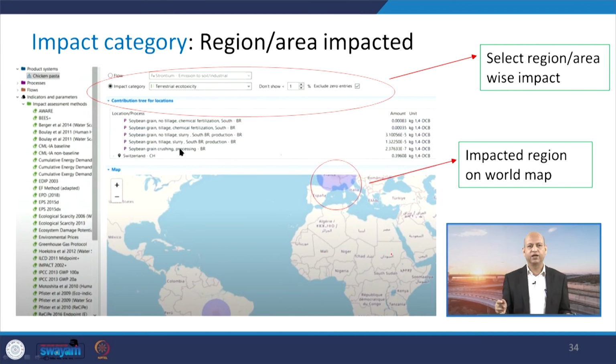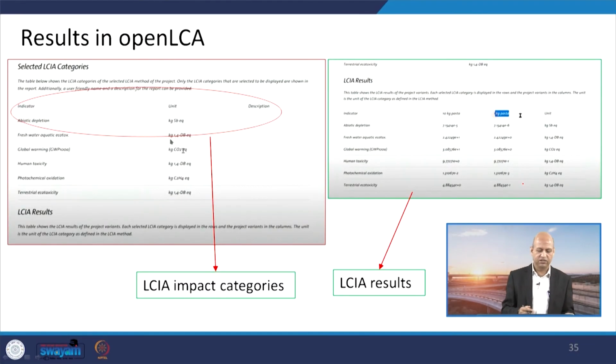Then impact category, like region wise or area wise, is also available in this map. The region and their range, etc., can be seen in this impacted region on the world map. You can zoom in, zoom out, and accordingly you can see its impact. Well, these are the values in terms of categories, in terms of certain attributes like pollutant levels or their impact, like acidity, or acid rain related impact or ozone related impact, those kinds of things you can see.